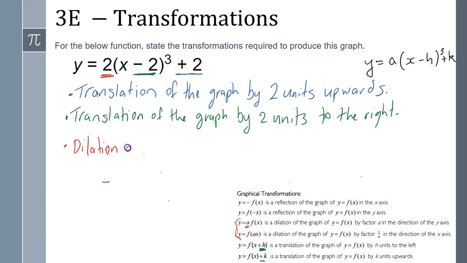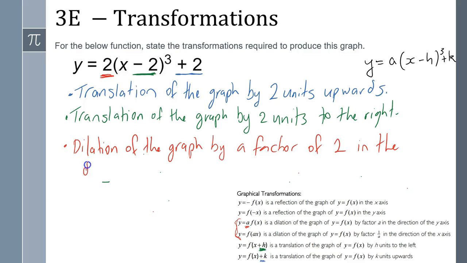I'm just copying word for word. Dilation of the graph by a factor of 2 in the direction of the y-axis. Okay, and that's it, I'm done.